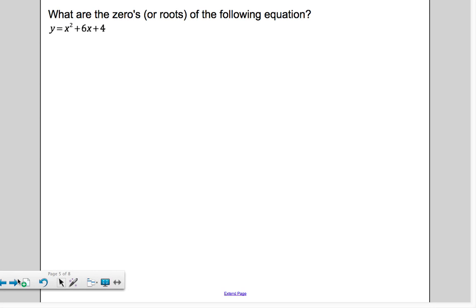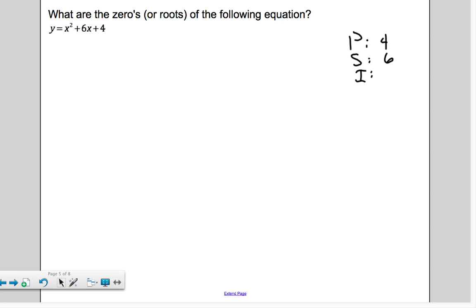Well, what two integers multiply to 4 but add up to 6? Try as you might, you're not going to get it. The best you can do is 4 and 1, which adds up to 5. Not quite. That sucks. Well, how am I going to try to answer this question now?